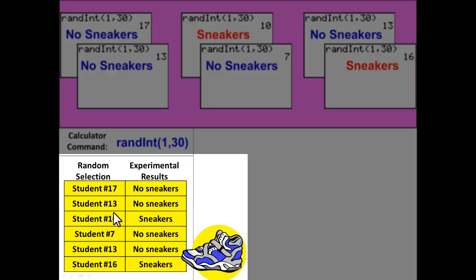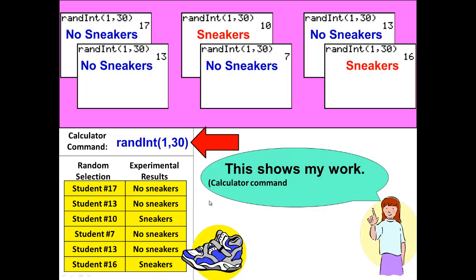Student number 17, 13, 10, 17, 13, and 16, and the results: no sneakers, no sneakers, sneakers, no sneakers, no sneakers, sneakers. That shows the work, the calculator command, and the results.